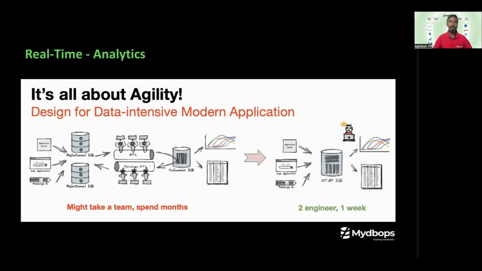To achieve real-time analytics in traditional databases, whether it's Postgres or whatever it is, you have to move the relational data through an ETL pipeline to a columnar database such as Redshift or ClickHouse, and then you have to power up your ETL tools or your Power BI or reporting tools to get the real insight out of it.